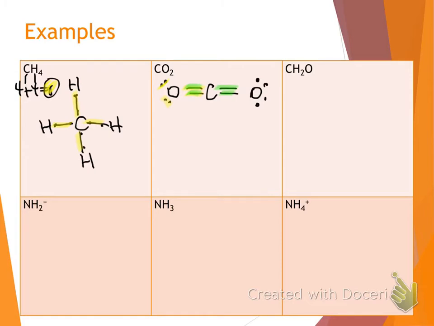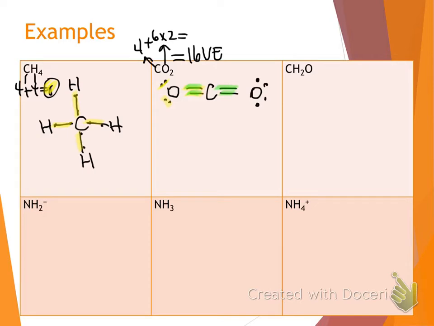It just has to share all of them, but they each get that full valence shell of 8. If we check the total number of electrons in our drawing, we have 16 valence electrons, which is perfect because carbon had 4, each oxygen had 6, and that adds up to the 16 valence electrons in total that we should have.